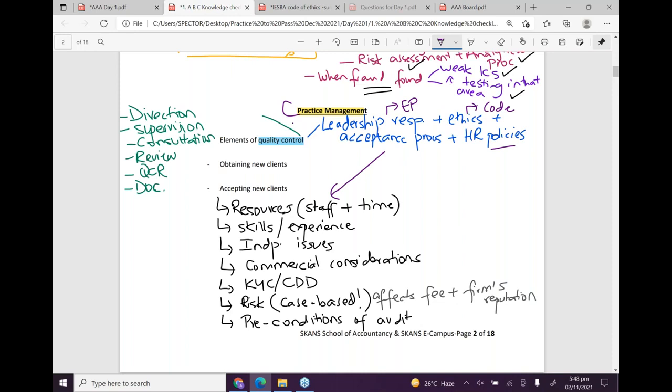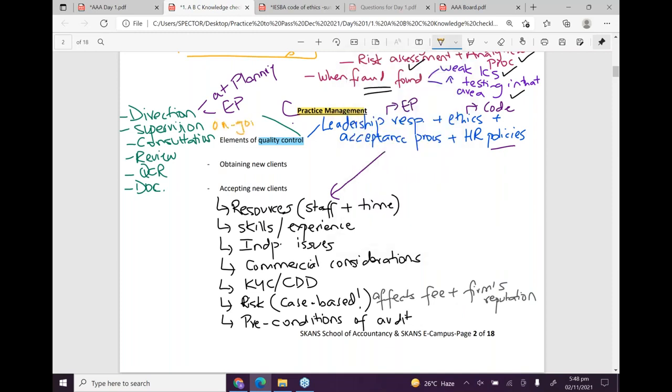Then, very, very important, direction is set at the planning stage, always by the engagement partner. So if the engagement partner wasn't there at the planning stage, a huge quality issue, that direction was not set properly. Supervision has to be ongoing.